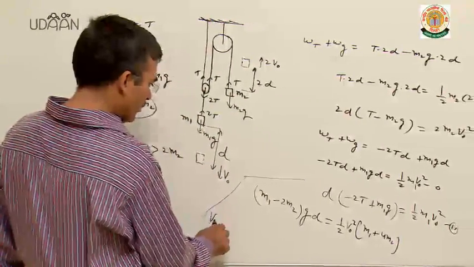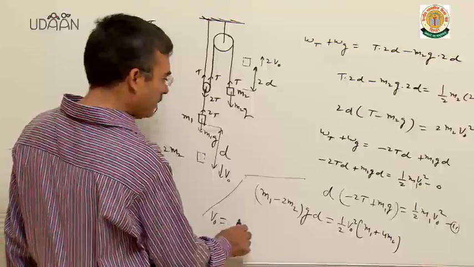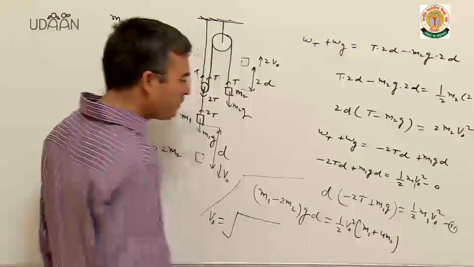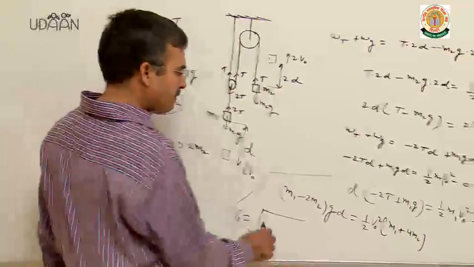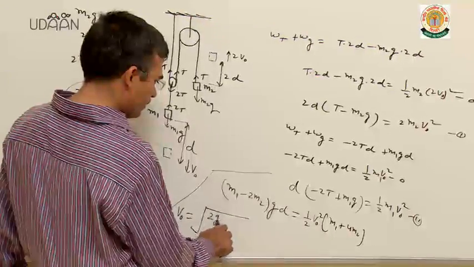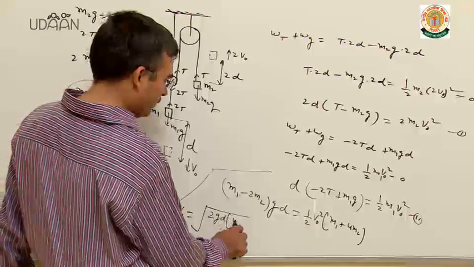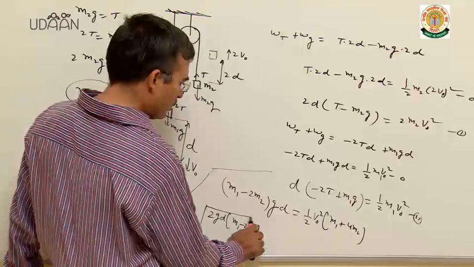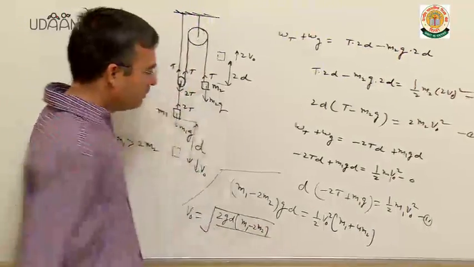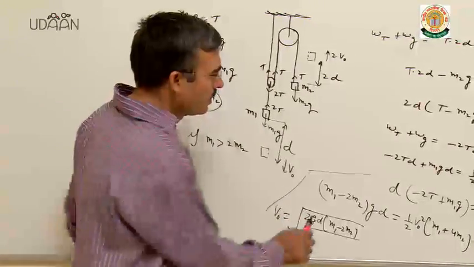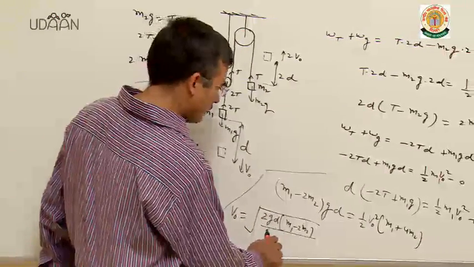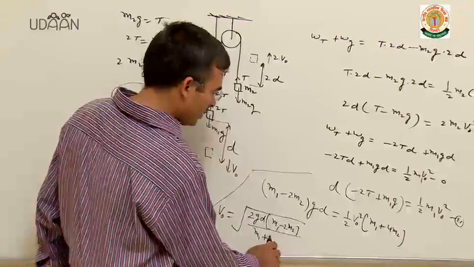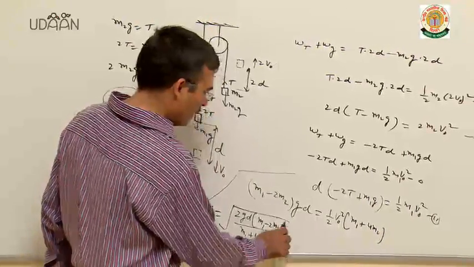So you can calculate v0 from here. V0 will be equal to root of 2 times g into d (m1 minus 2m2) divided by (m1 plus 4m2).